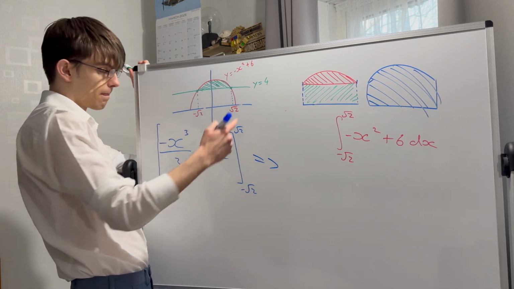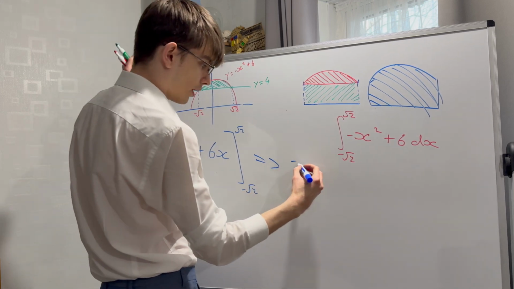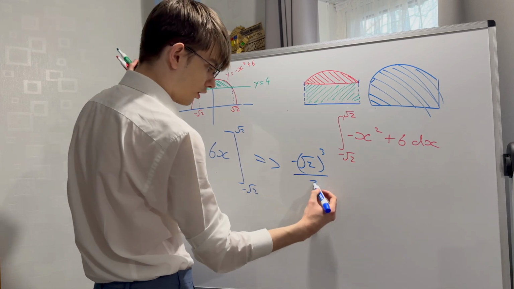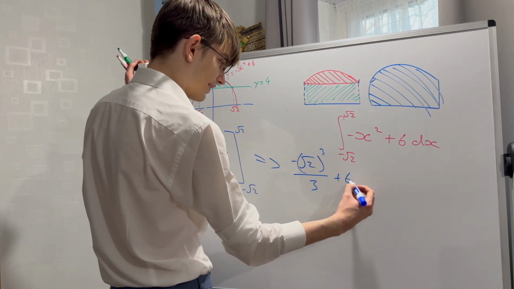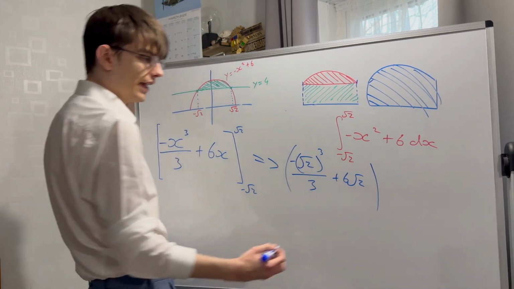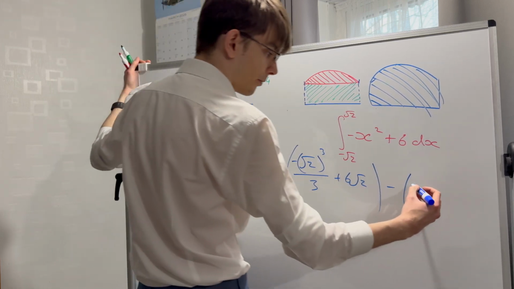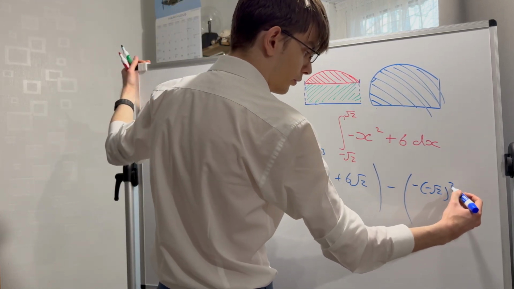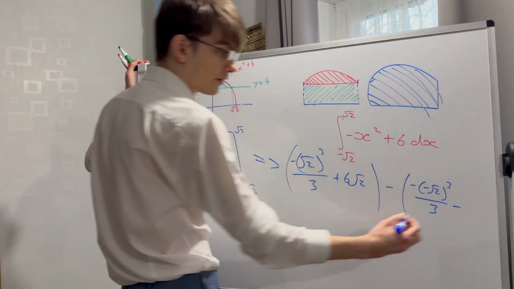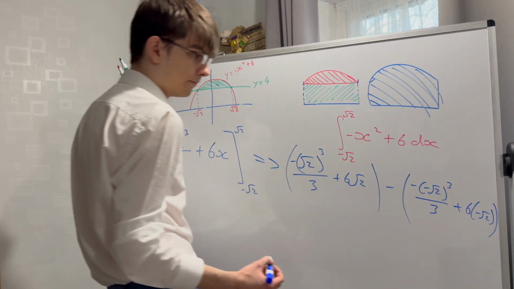Again, just to remind ourselves, the upper bound is going to go in first. So I get minus root 2 cubed over 3 plus 6 times root 2. That's my upper bound. And then I'm going to minus when I put in my lower bound. So that'll be minus root 2 cubed over 3 plus 6 times minus root 2.